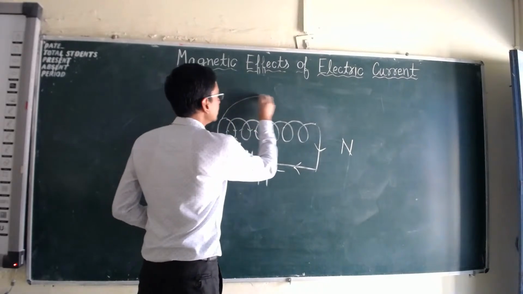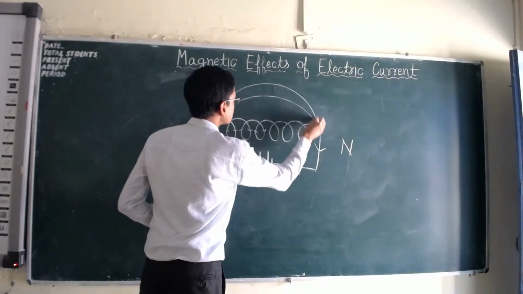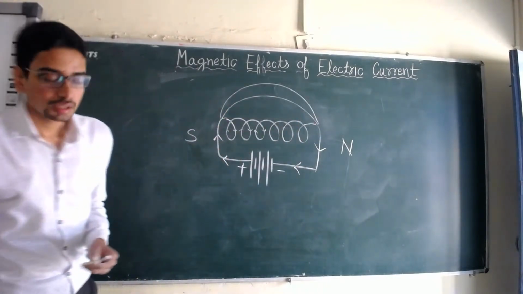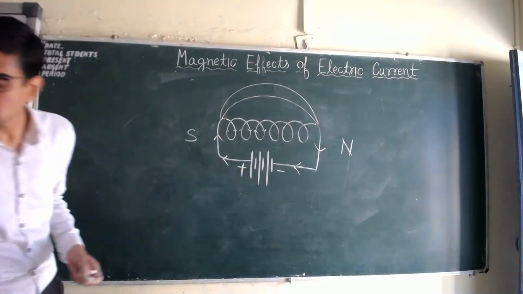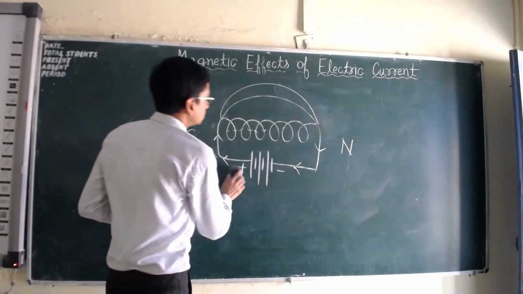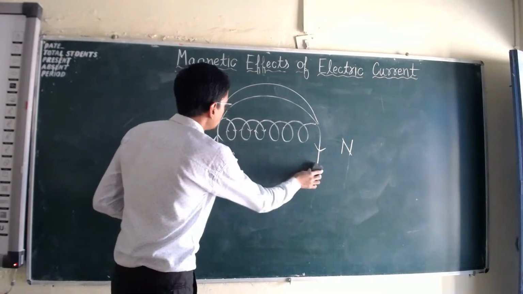First you draw simply these structures, okay. You can remove this battery or make this.